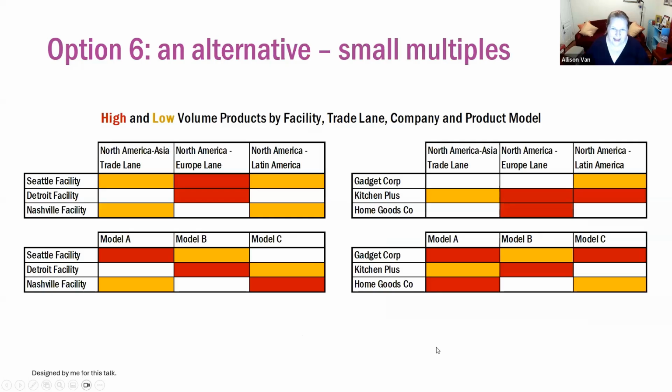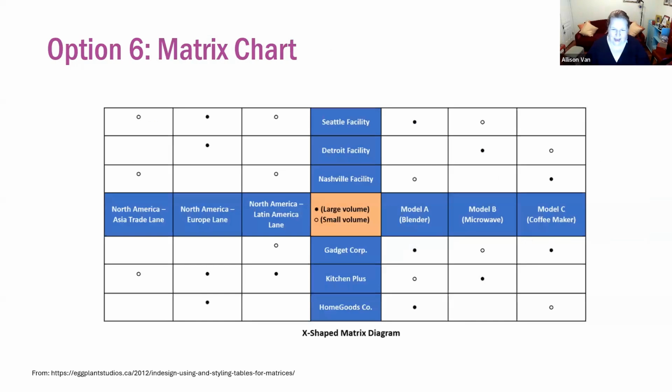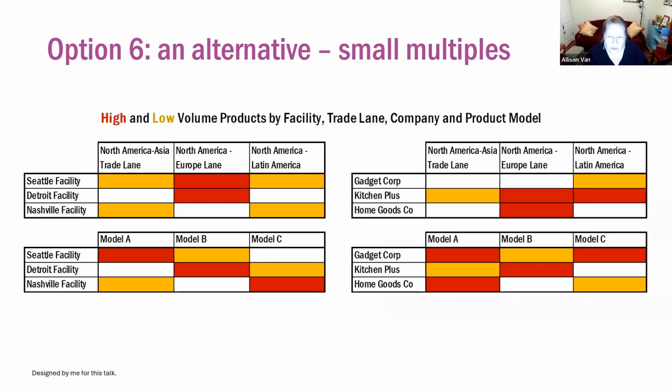That to me is more than 1 degree too far in terms of just the complexity of a single visual and the likelihood that people are going to be able to engage with it. So I quickly built an alternative version of this X-shaped matrix, which is just 4 color-coded, this is what's called small multiples, where you're asking people to engage with the relationship between these, but hopefully each piece is easy enough to interpret that it's not so overwhelming to be able to interpret the relationships.